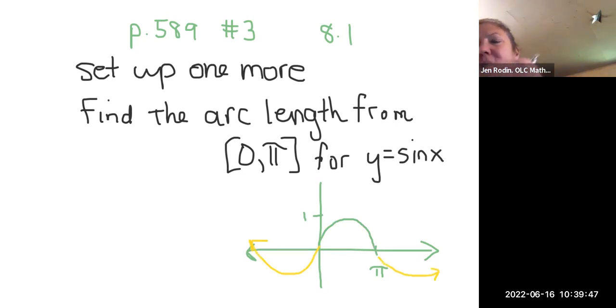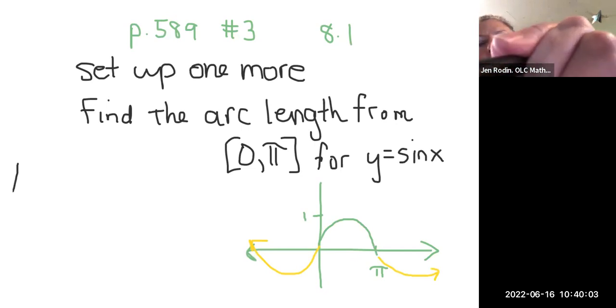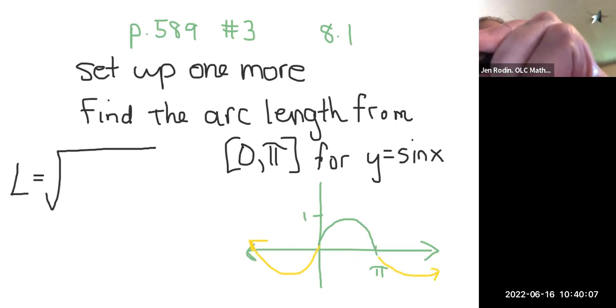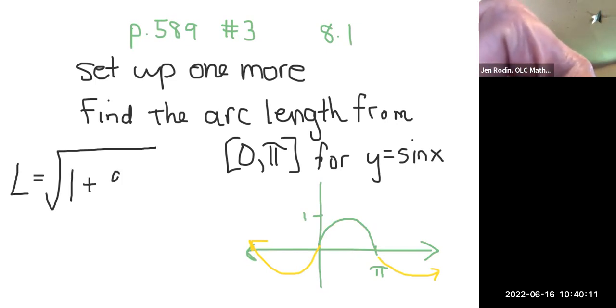And remember, pi is a little bigger than 3. So our answer is going to be definitely more than 3, probably not more than 6. I would estimate first, then set up the formula. The arc length is going to be 1 plus the derivative of sine.